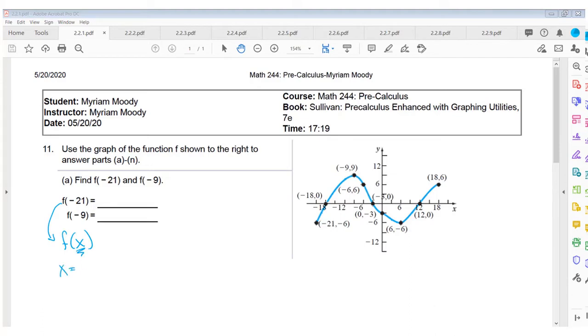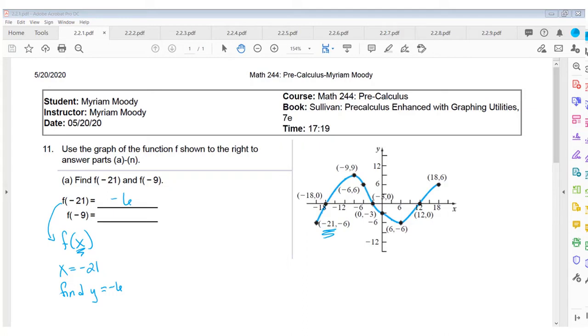Which means in this case, x equals negative 21, and they want to find y. So, look for your x's being negative 21. I see an x value here of negative 21. What's the y that goes with it? Good, negative 6. Were there any other x values of negative 21? Nope, I don't see any. So that would be my answer in this case, negative 6.